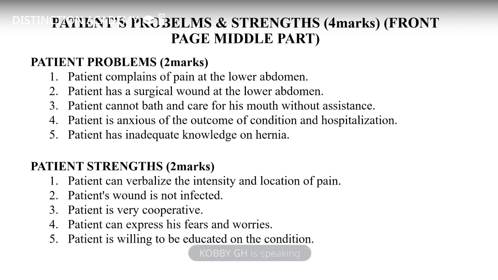But I'm letting you know the dimensions of how that problem can be written. You only write patient has not bathed when there is clear confirmation or indicators that the patient indeed has not bathed. So I would personally advise you to always write patient cannot bath without assistance.